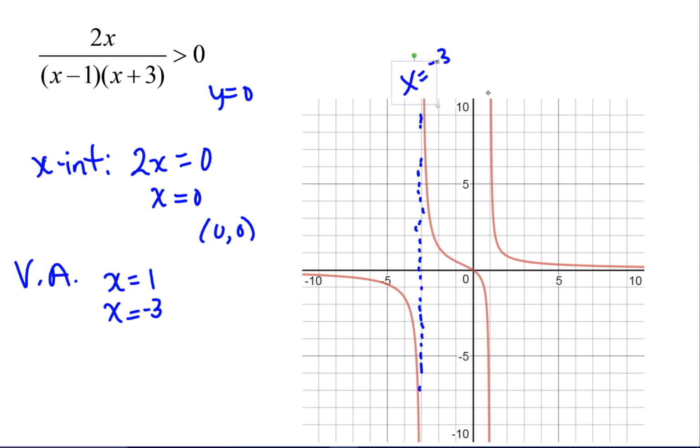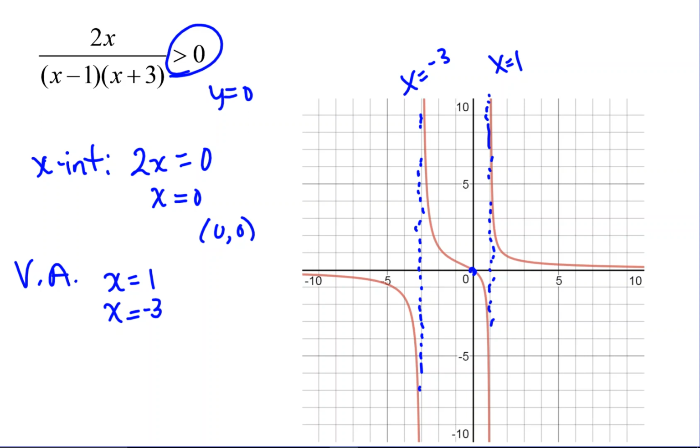And then my x equals 1 would be here. So that's why those graphs are getting close to that point. And then we have a horizontal asymptote, you can see, is the x-axis, but we do cross it at that point, 0, 0.